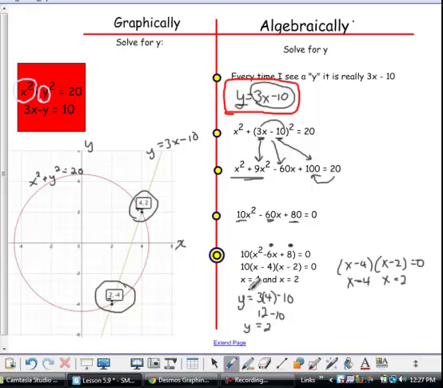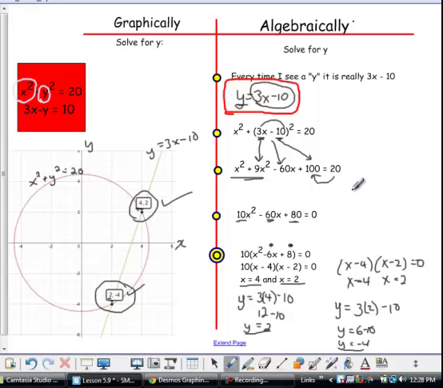Oh, I get it. So when my x value is 4, my y value is 2. Check. And I can do the same thing over here. My y value is obtained by tripling my x value and minusing 10. So when my x value is 2, my y value is negative 4.